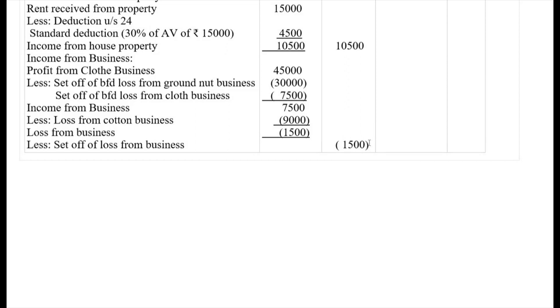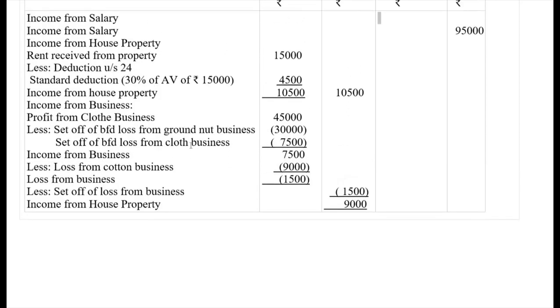Now let me underline here. So the difference here is 9,000. So this is income from house property. So this can be taken to GTI column.